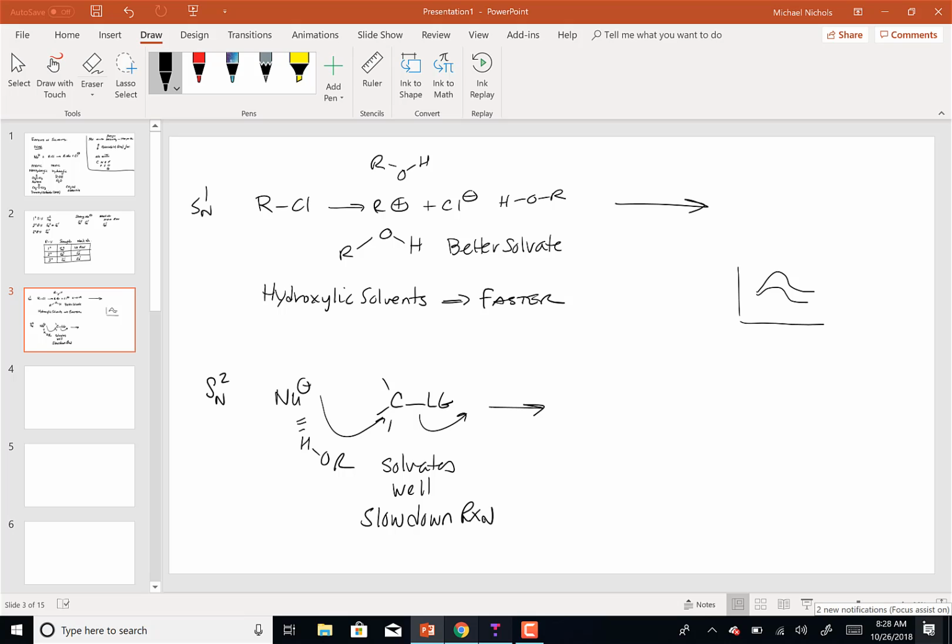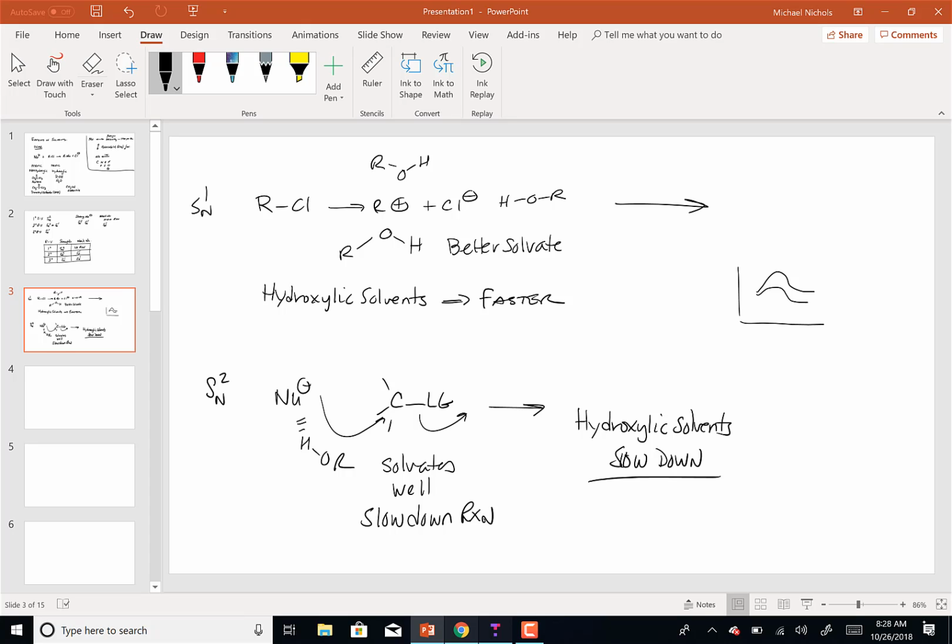And so for an SN2 reaction, the hydroxylic solvents slow down or reduce the rate of the reaction.